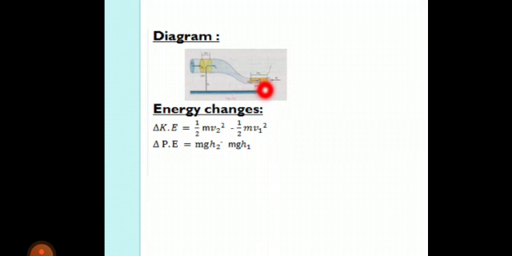That's why we also see a change in kinetic energy and a change in potential energy. So you remember these two equations. The change in kinetic energy equals 1/2 mv2² minus 1/2 mv1², at point 2 and at point 1. And the change in potential energy is at point 2 minus at point 1.